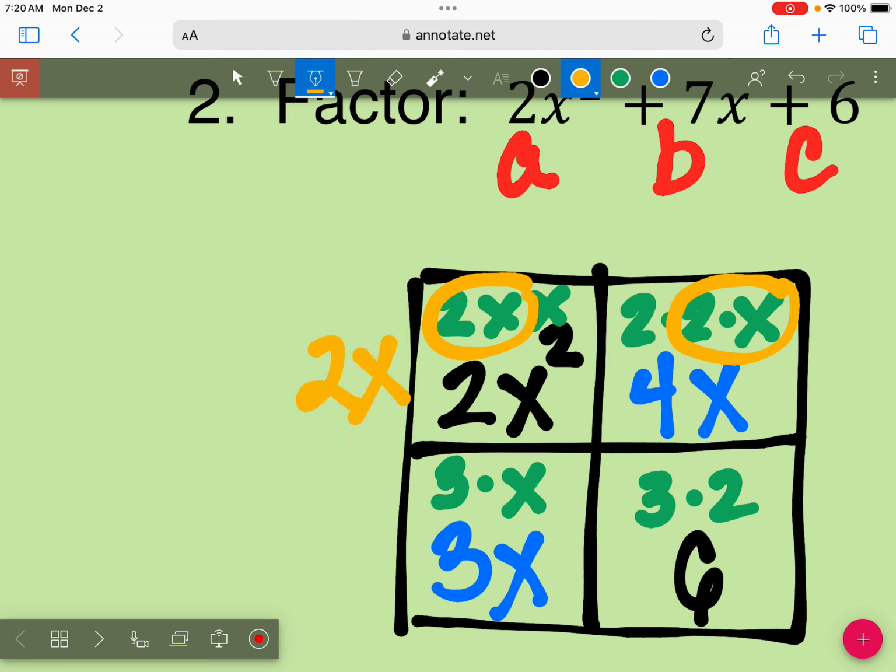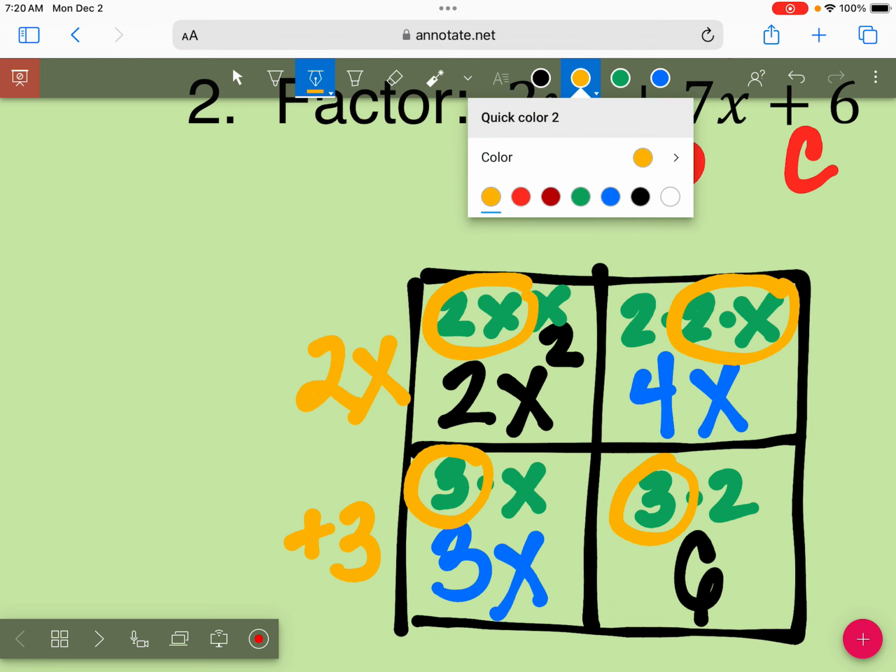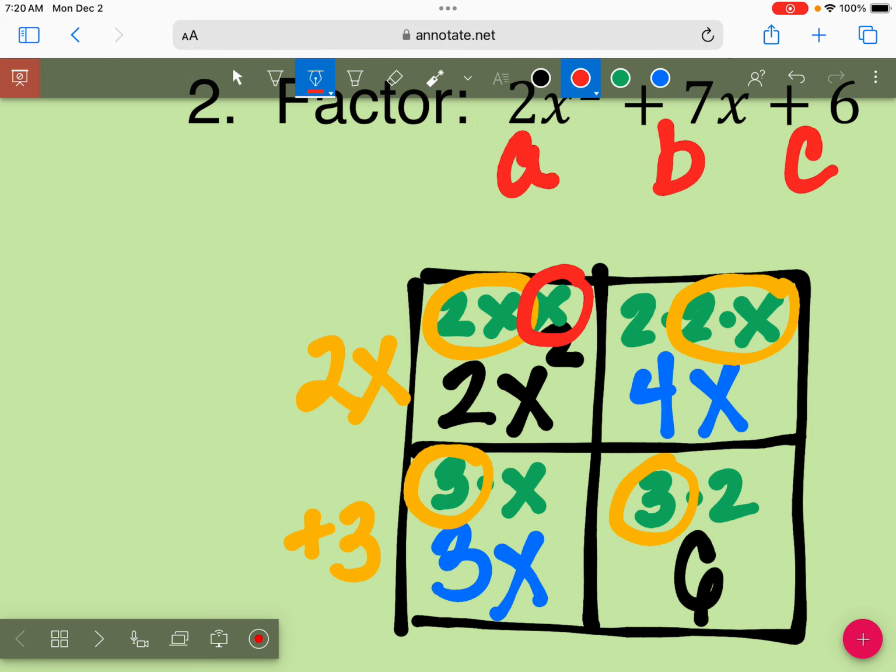So that's going to go here. And the bottom row, they both have a 3. So that's going to go here. And if we look at what's left, the only thing that we have left is an x and a 2.